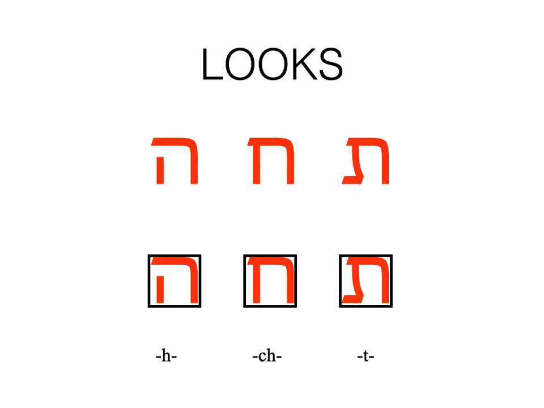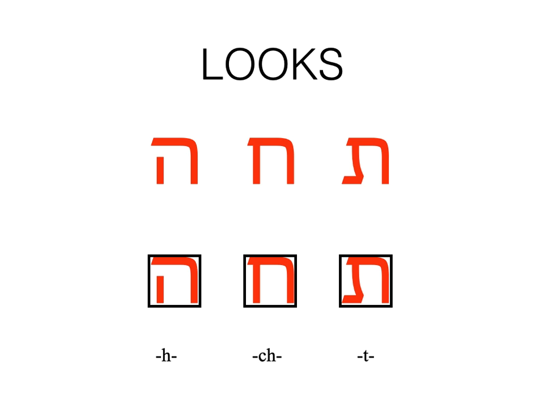Here are the final letters that look alike before we look at those that sound the same. So we have Tav, Chet, and He. Let's start with the He and Chet first. They are identical. The difference is that for the He, you leave a little space on the top left.